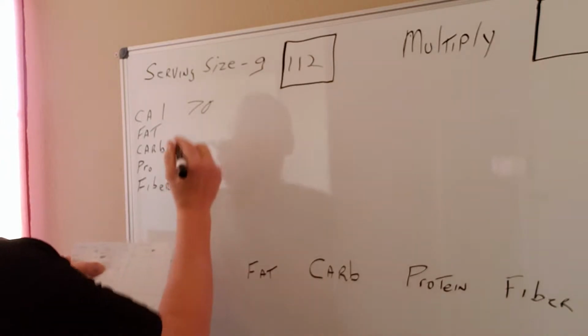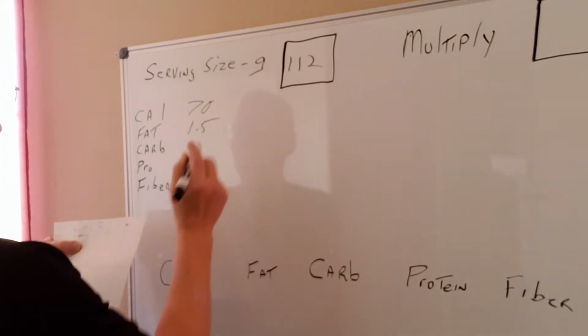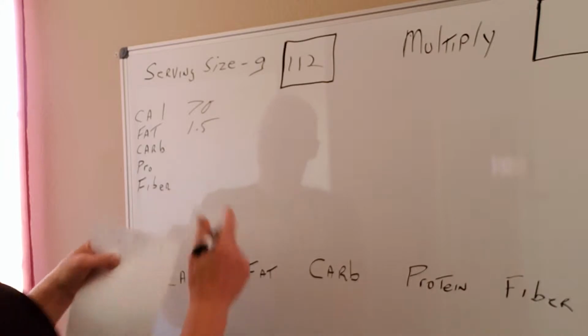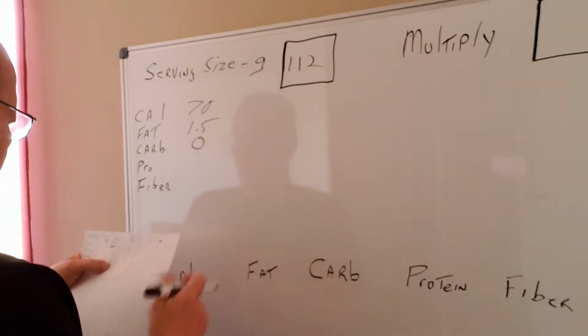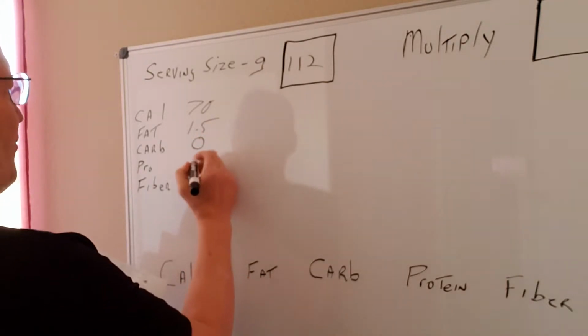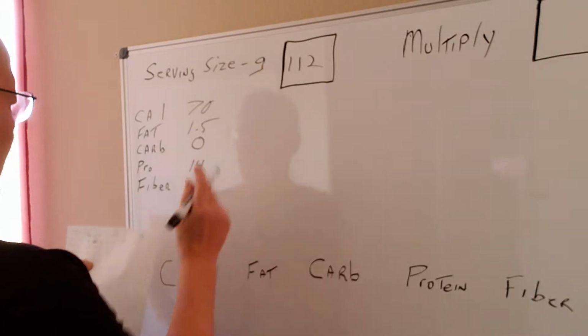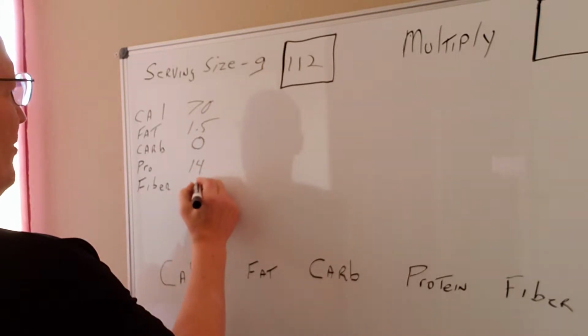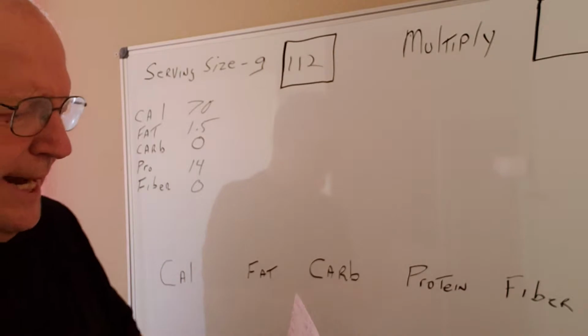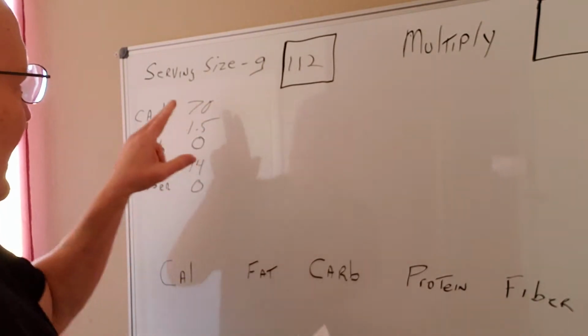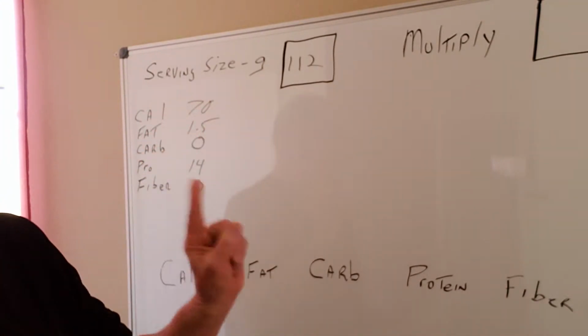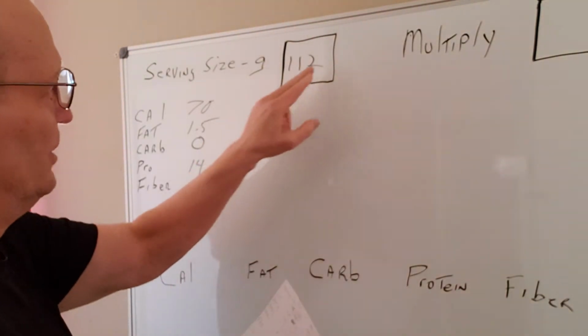The fat grams is 1.5. Carbohydrates is 0. Protein is 14. And fiber is 0.